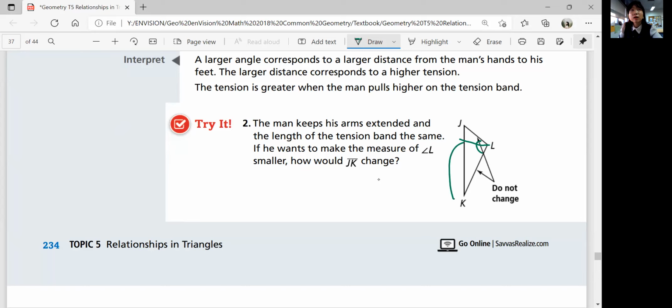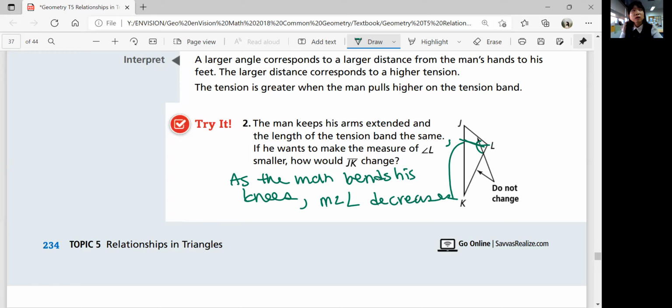So JK will also change according to angle L. So as the man bends his knees, what happens? The measure of angle L decreases as JK decreases.